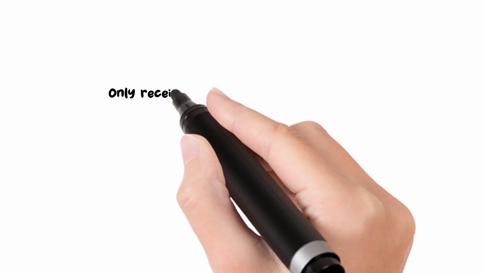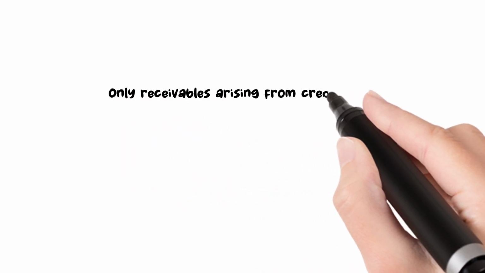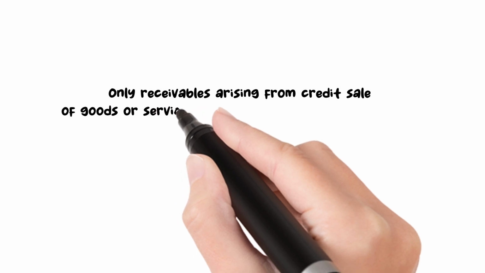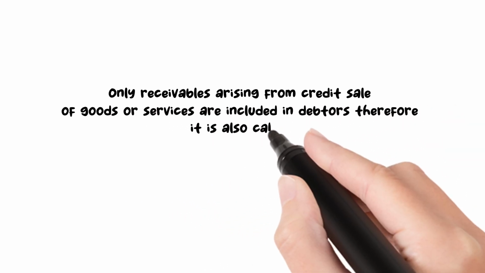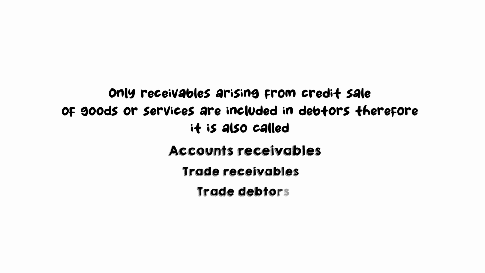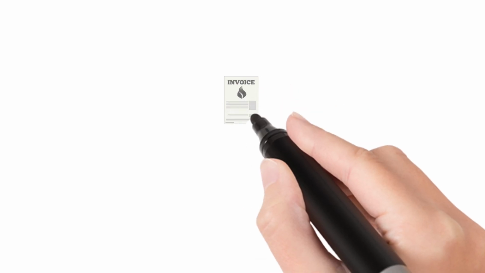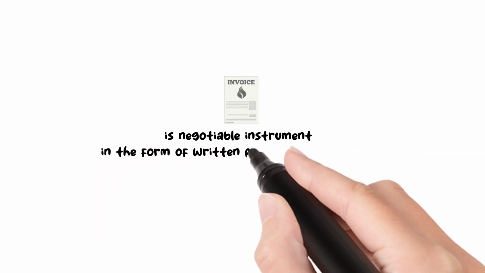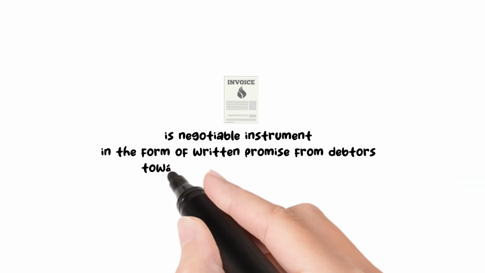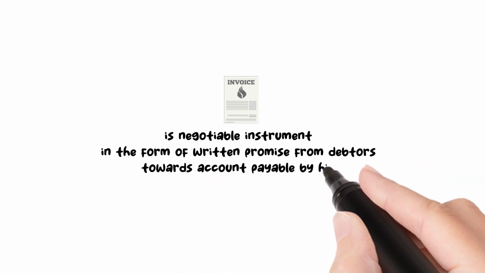Only receivables arising from credit sale of goods or services are included in debtors. Therefore, it is also called accounts receivable, trade receivables, or trade debtors. Bills receivable is a negotiable instrument in the form of a written promise from debtors towards an account payable by them.